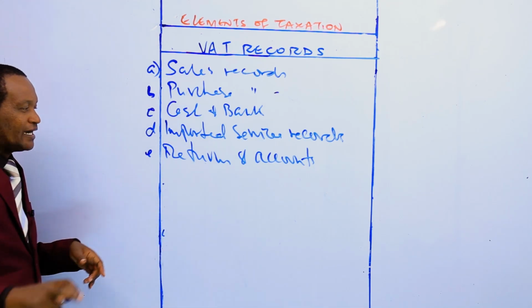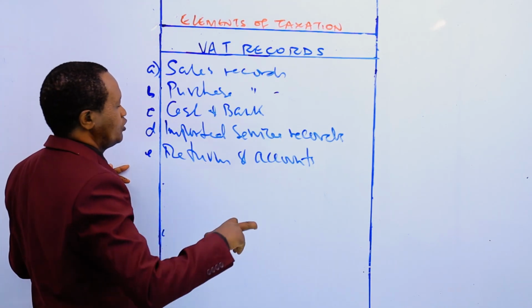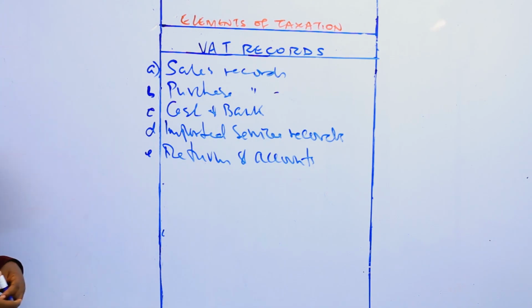We have annual audited financial statements, including the income statement, the balance sheet, the cash flow statement. There is also the VAT refund claim copies, if applicable. Then another record is the withholding VAT tax certificates. If tax was withheld from your sales, then you need to have copies of withholding tax certificates.